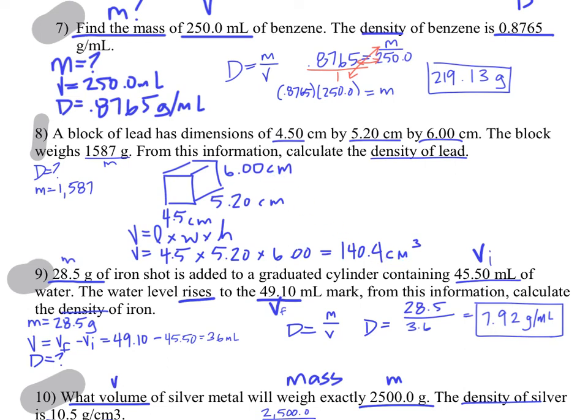So now I can write my volume to the left, which is 140.4. And now I can calculate density. So density equals, let me do this in a different color so you can see it better. Density equals mass divided by volume. So density is unknown, that's what you have to calculate. The mass is 1,587 grams, and the volume we just determined to be 140.4.